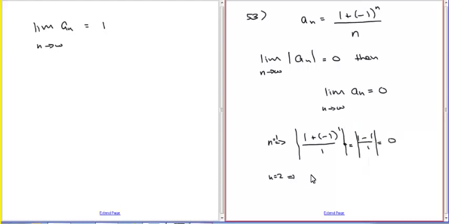Now if you do n equals 2, you'll get 1 plus negative 1 to the second power over 1, which is 2 over 1, which is equal to 2. Okay.